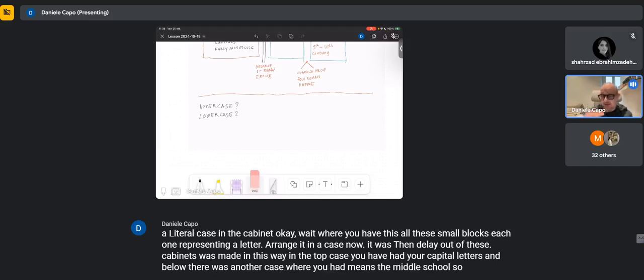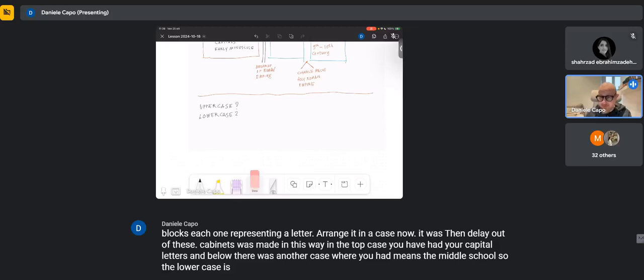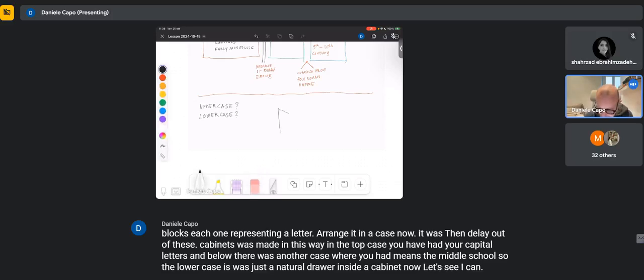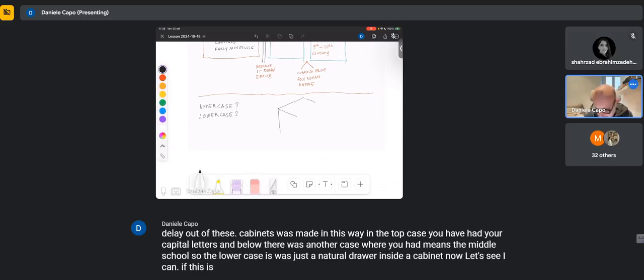So the lower case was just an actual drawer inside a cabinet. Now, let's see if I can. If this is the cabinet, here you have one drawer here and one drawer here.